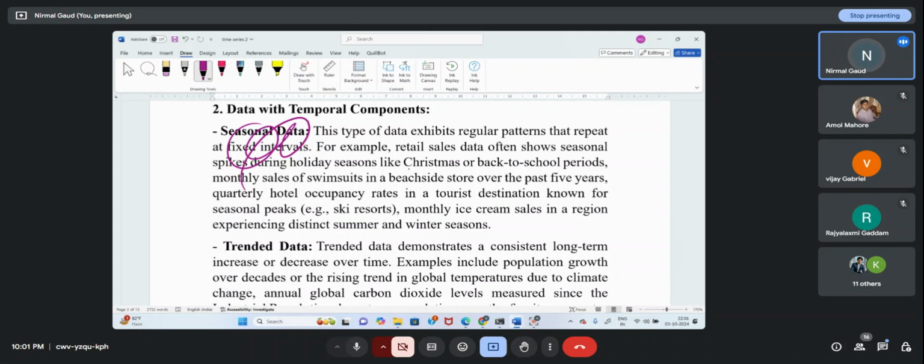Seasonal data may have spikes during holiday seasons like Christmas, back to school periods. We have tourist seasons also. So that is seasonality. That means a cycle that repeats after some interval, 4 months, 3 months, something like that.